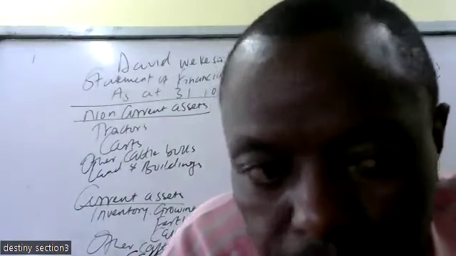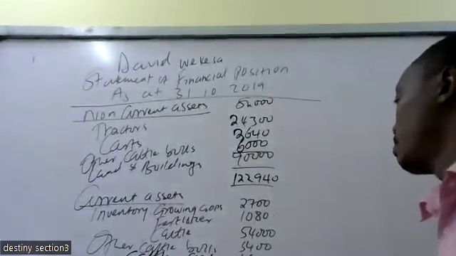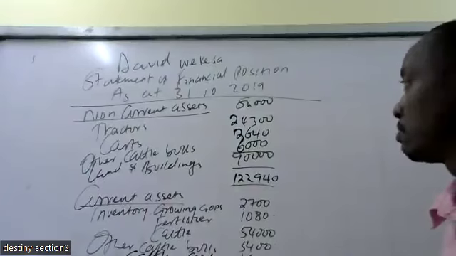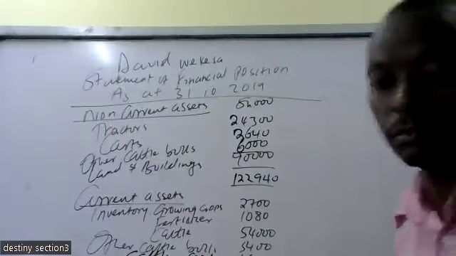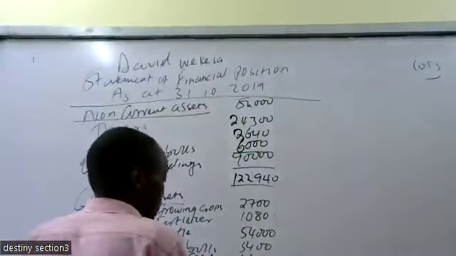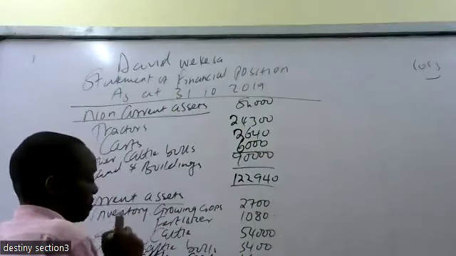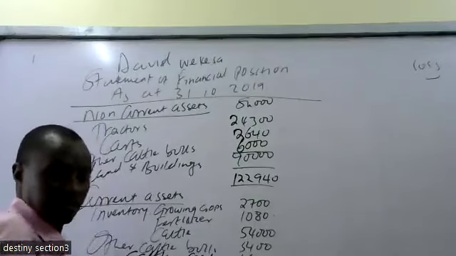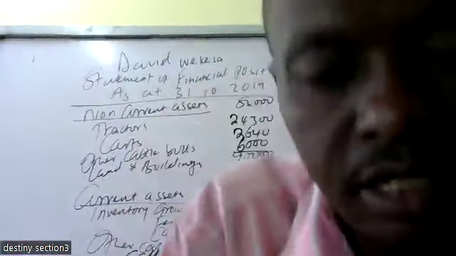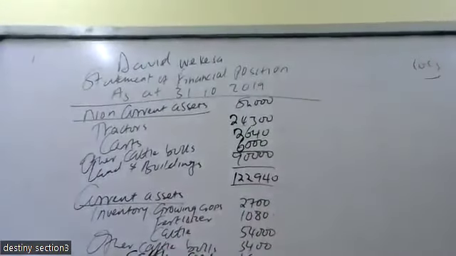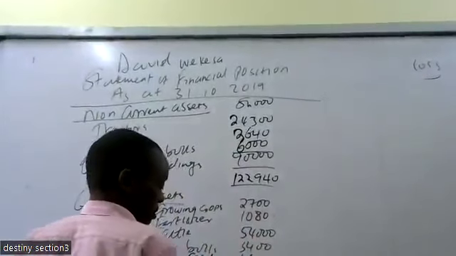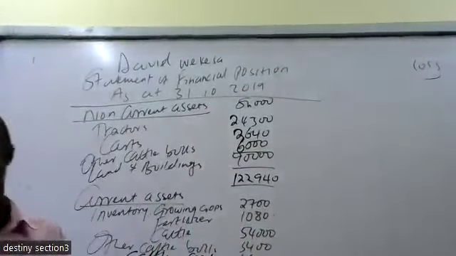Total current assets. Total assets. Add the non-current to the current assets.